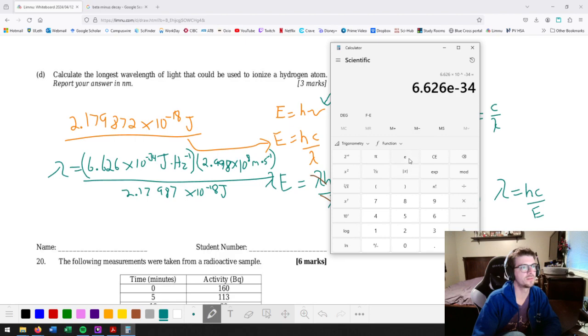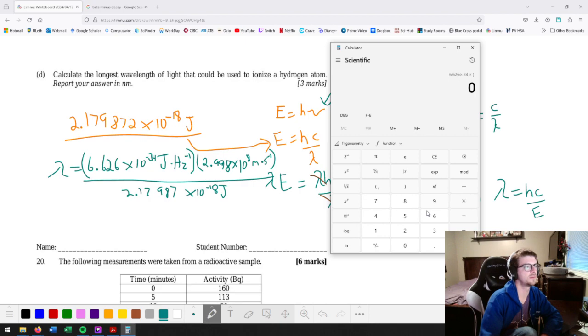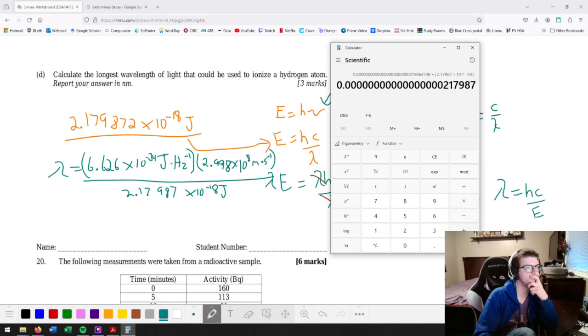Anyways, multiply that by 8, and then divide that by 2.1797 times 10 to the negative 18. So it gives us a wavelength.